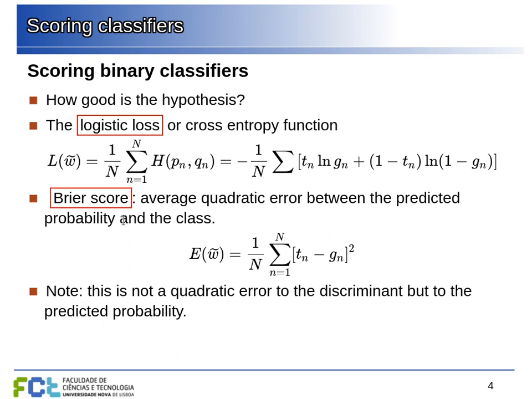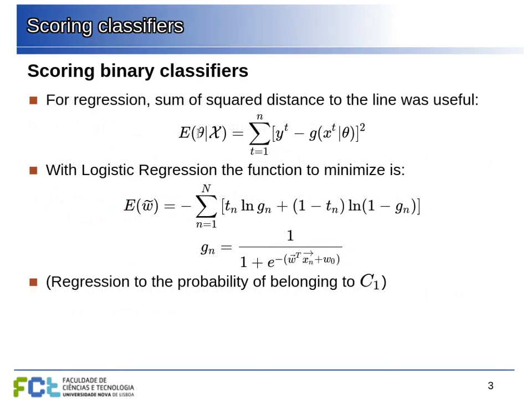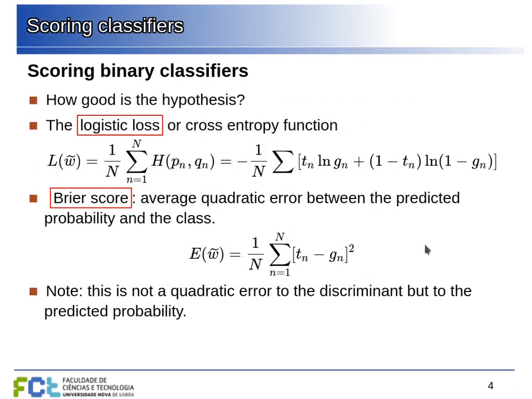So we could use the Brier score, which is the same idea as the quadratic error that we used for linear regression, but now not applied to the actual distance between the discriminant and the point, because we saw this does not make much sense, but applied to the difference between the predicted probability, which is what we are getting from our hypothesis in logistic regression, and the actual class label, which can be 0 or 1 for each example.